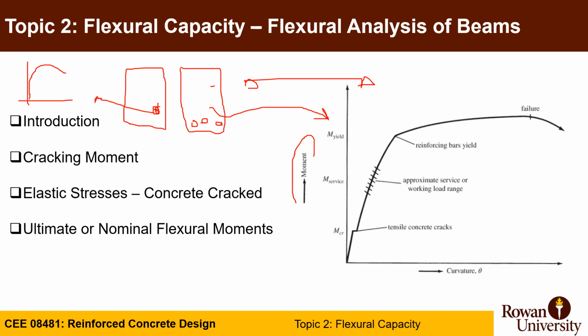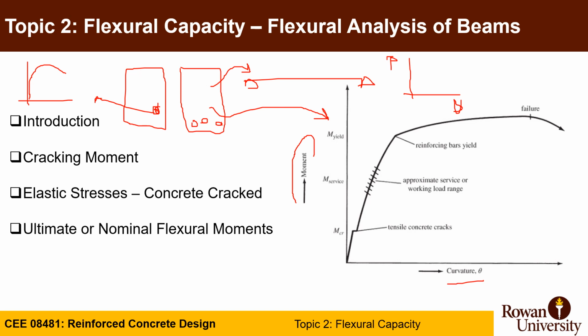And a group of sections will create an element, or in this case a beam, and we'll be interested to know the force displacement relationship. So we will cover key moments and corresponding curvature here.